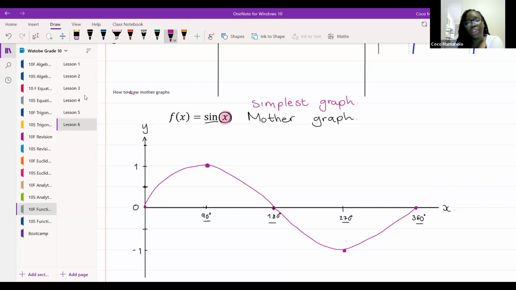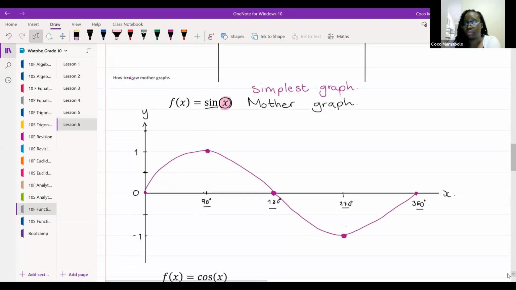Then you're going to go to sine of 180. How much does sine of 180 give you on your calculator? It gives me 0. Good. Do you see how I put the mark for 180 where y is equal to 0? Yes. Okay, good. Go to your calculator, put in sine of 270. It's -1.